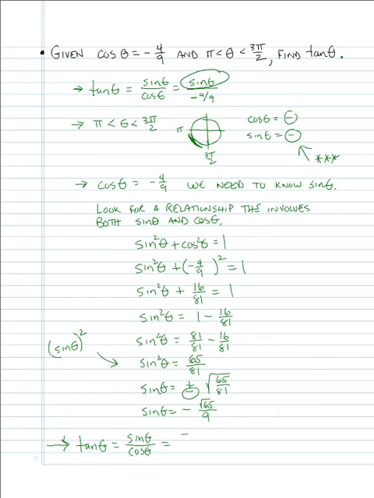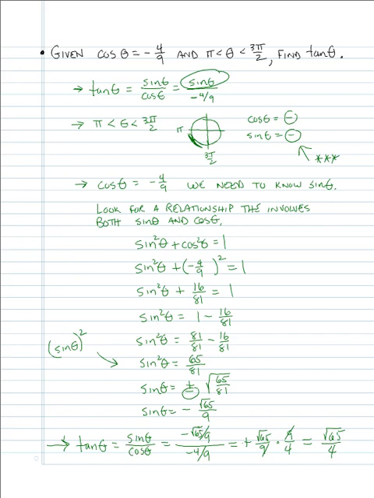Well, the sine of theta is negative square root of 65 over 9, and the cosine of theta is negative 4 over 9. And so when we simplify this, we would have a negative divided by a negative, which is going to be a positive, isn't it? And we have a square root of 65 over 9 times the reciprocal of the divisor, which is 9 over 4. And things simplify nicely to be a positive square root of 65 over 4.